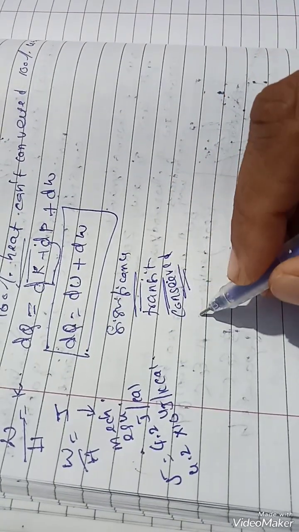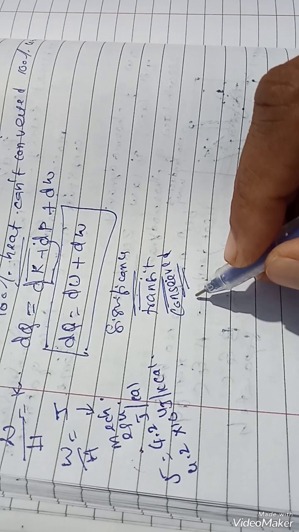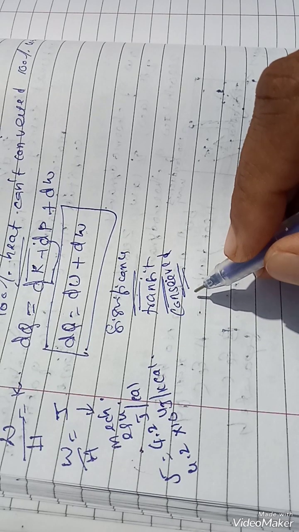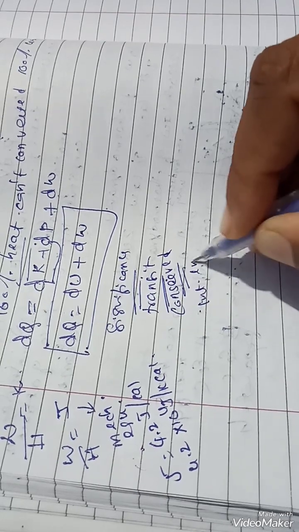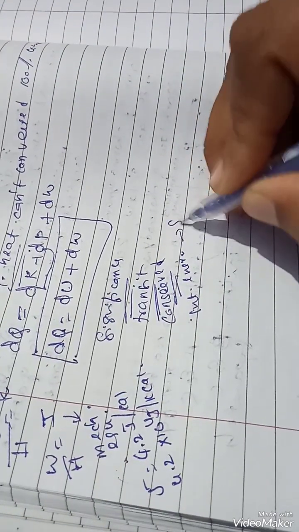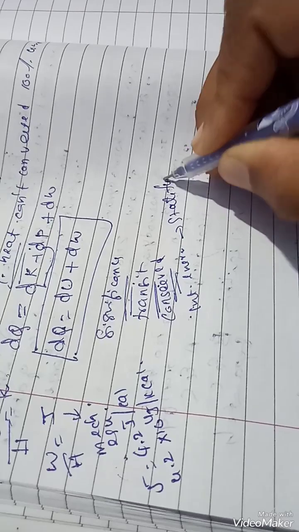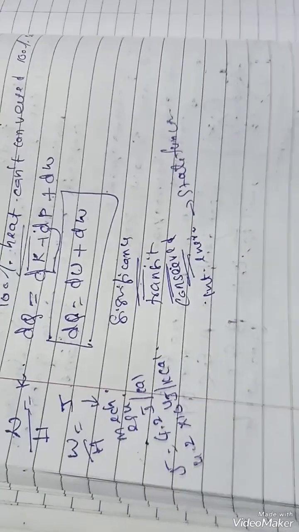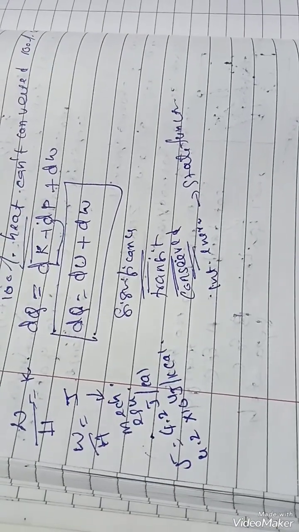And the third one is, every thermodynamic system in equilibrium state possesses internal energy, which is a state function. So three ideas it gives.